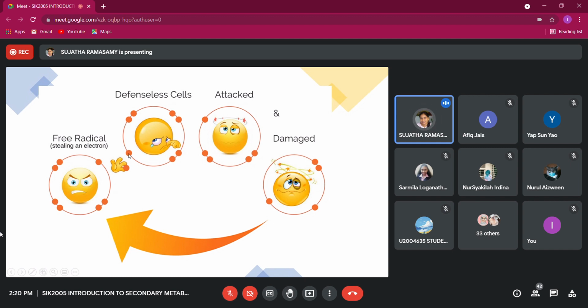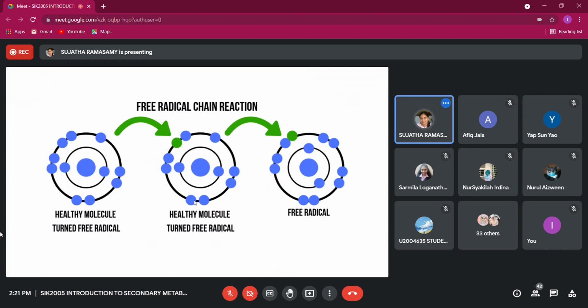So what will it do? Okay, you steal my electron, I'll steal other molecule's electrons. This is what we call free radical chain reaction. Okay, first healthy molecule, and then lost electron. When it lost electron, it will turn to free radical.